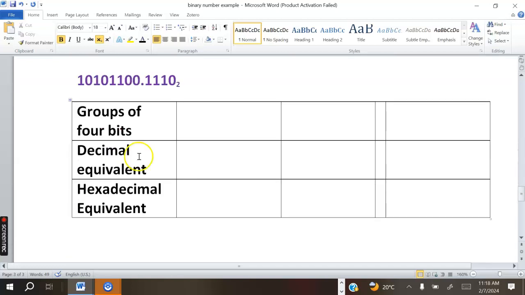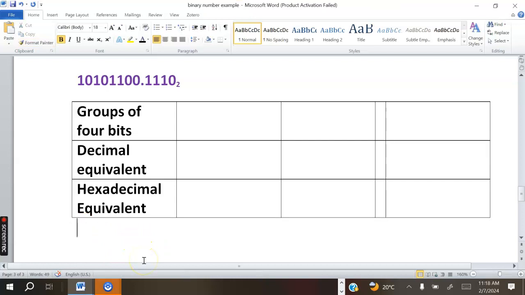Now for your exercise, you can try to practice with this one. You group it in groups of 4, and if they are not enough, try to add another 0, factoring in the rules that I've already highlighted to you. And you should get this answer to confirm whether you have done the right thing.